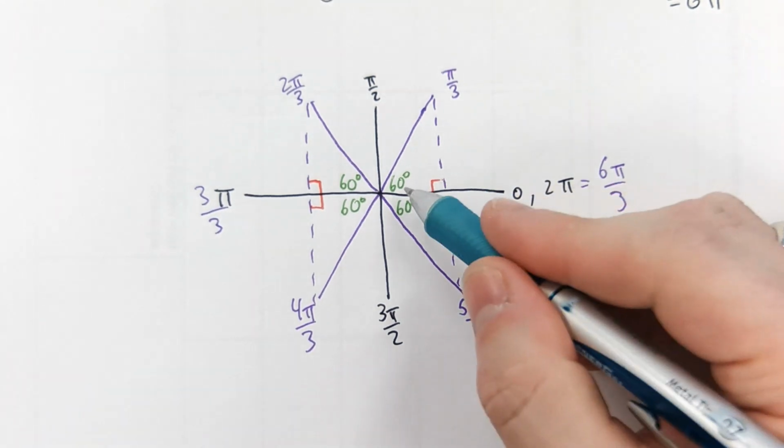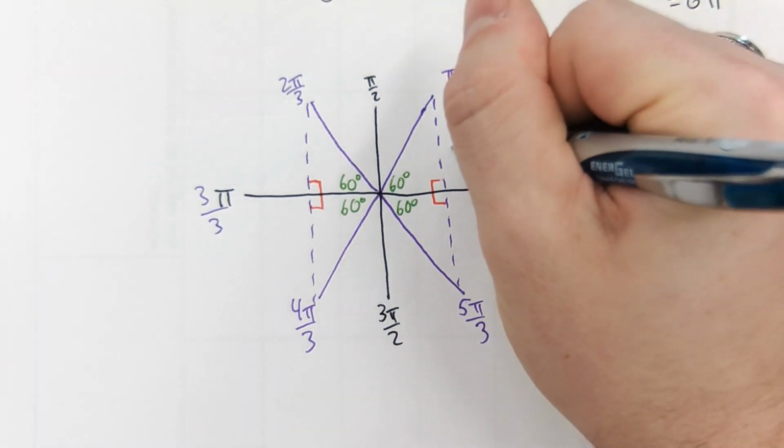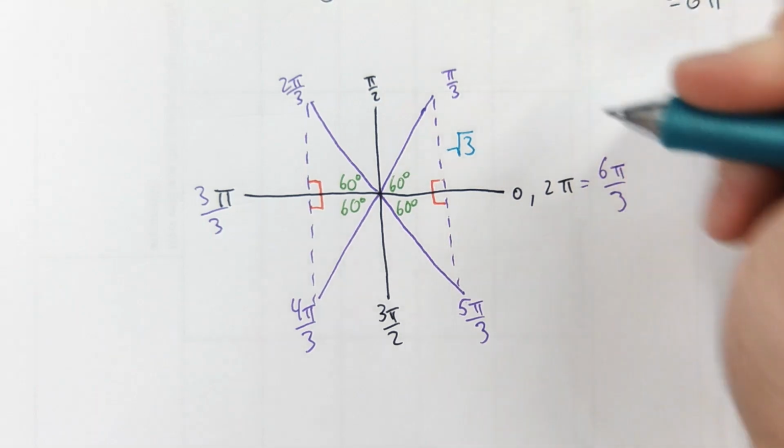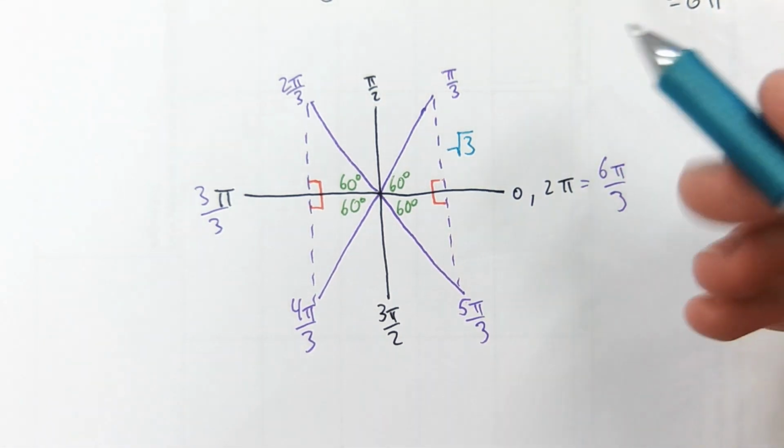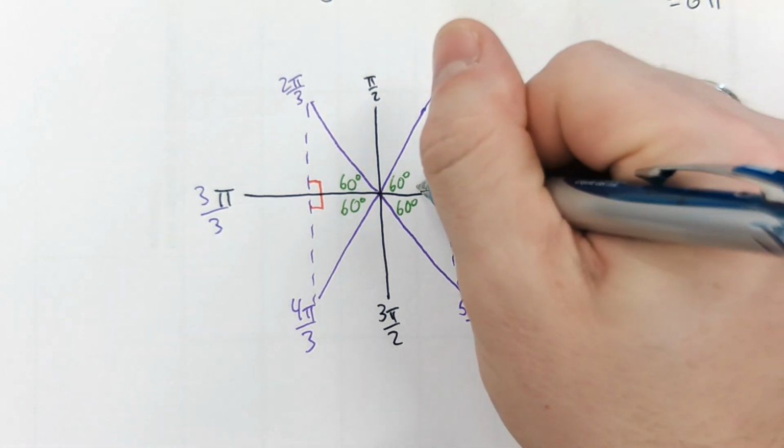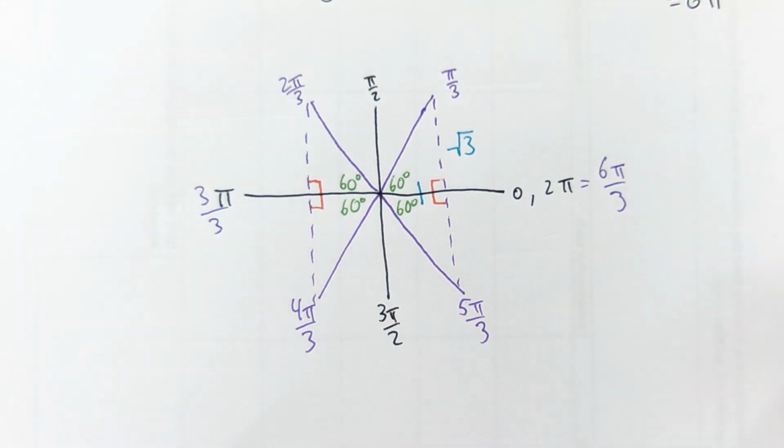So we said across from a 60 is always going to be a root 3. Across from the 30 is always going to be a 1, not always a positive, but always a 1.